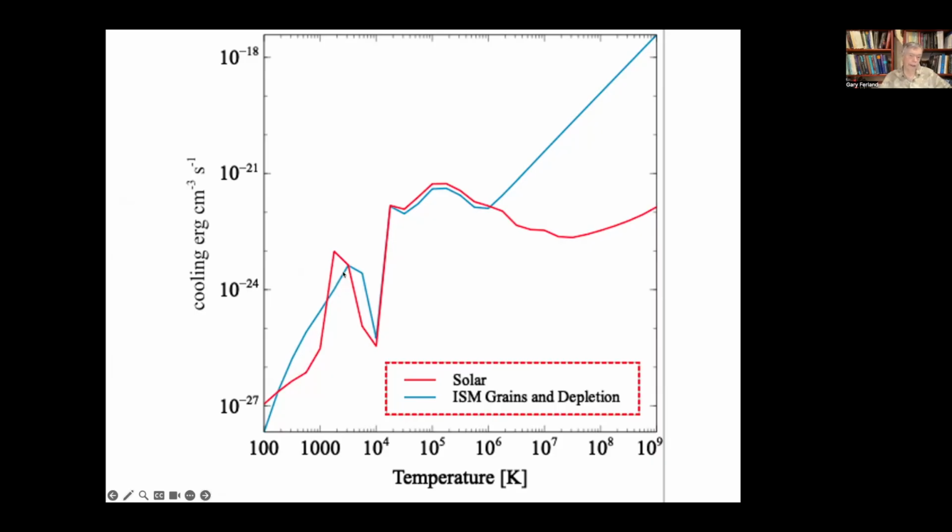The details on this inflection are quite different. This peak in the cooling function around 10 to the 5, 10 to the 6 Kelvin is pretty similar. Remember, these are one dex steps, so by saying pretty similar, maybe 50% different. And finally, at very, very high temperature, you find that the grains act as a very powerful coolant.